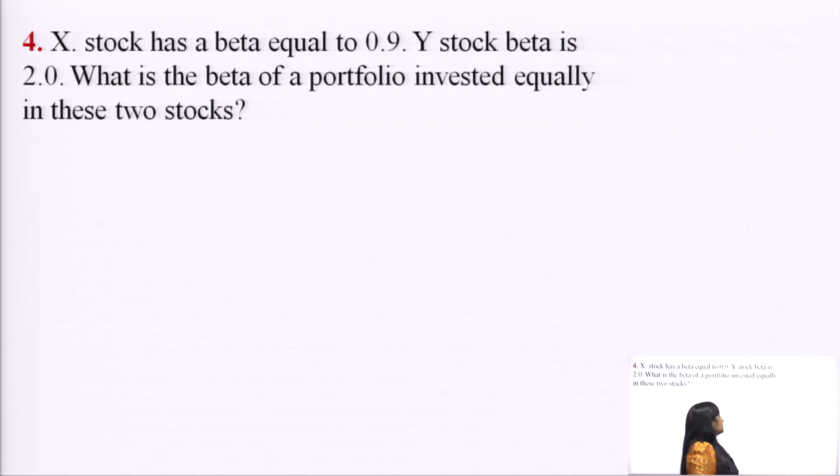Then there is a question that a stock X has a beta equal to 0.9, Y has a beta 2.0. What is the beta of the portfolio? It is very simple.